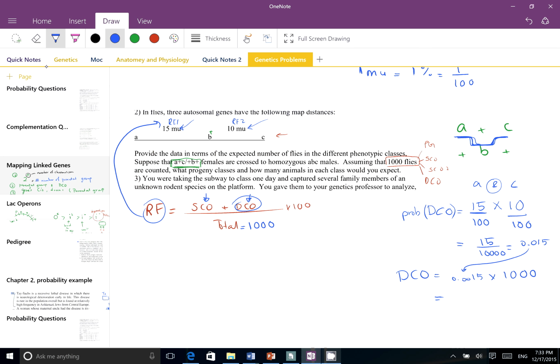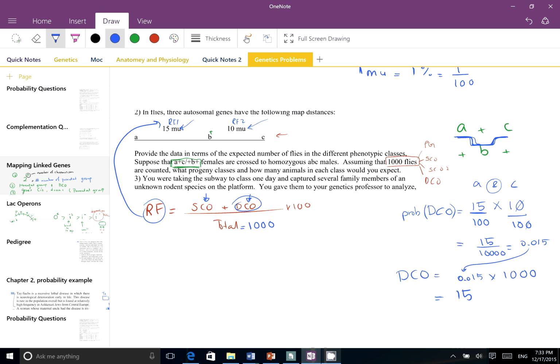I forgot that if I take 0.1 times 0.15, it's going to be 0.015. That's what you do when you're spaced out and doing math. So the answer here is 0.015. Multiply that by 1,000, and you have 15. So your double crossovers is 15.